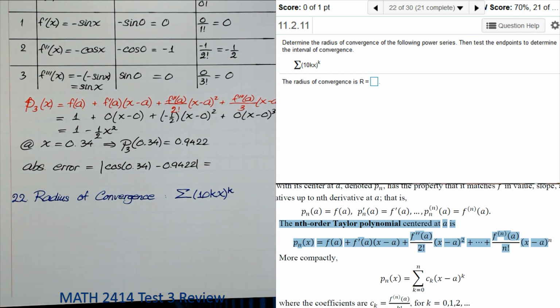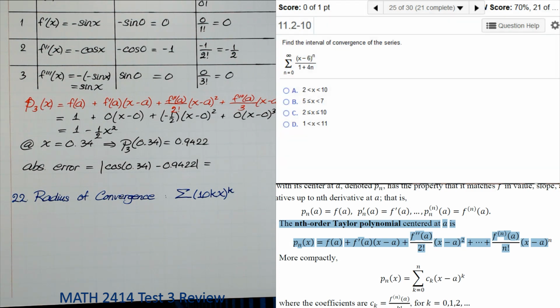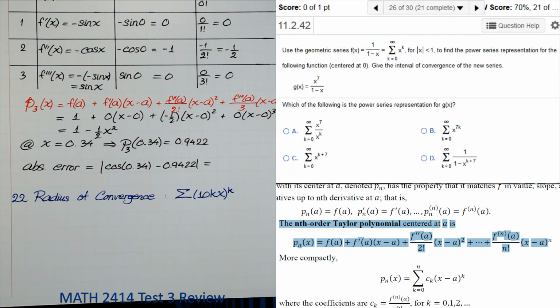And when we do this, the way we do the testing is using the ratio test. Most of this problem, we use the ratio test to find the radius of convergence or the interval of convergence. Let's see how many of this do we have. A lot.